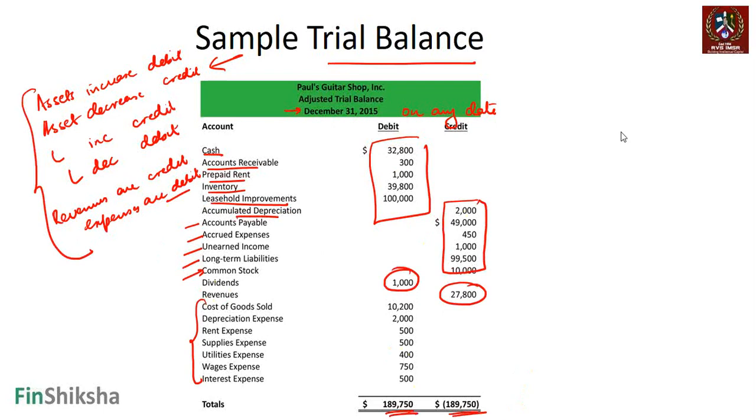Remember, in most likelihood, we may not be asked to prepare these because that's possibly the job of accountants, but we do need to interpret and understand if something is going wrong somewhere. And there are basically just two sets of thumb rules that are used. One is this, and the other is the kind of accounts that you saw. Based on those accounts, what is it that a personal, real, or a nominal account gets debited or credited, right? That's all that you need to remember.